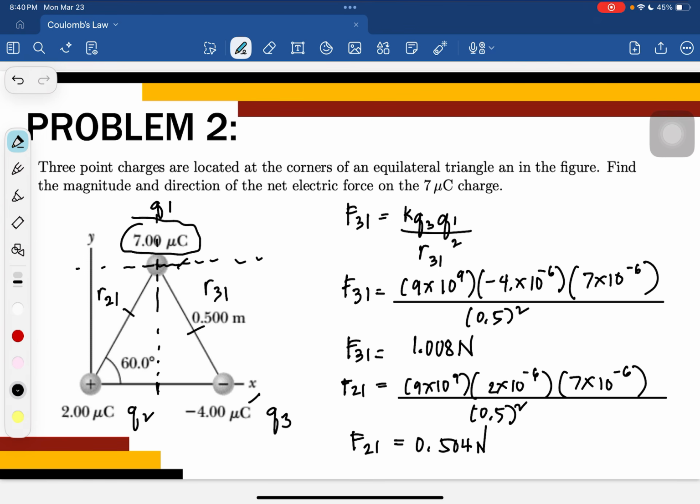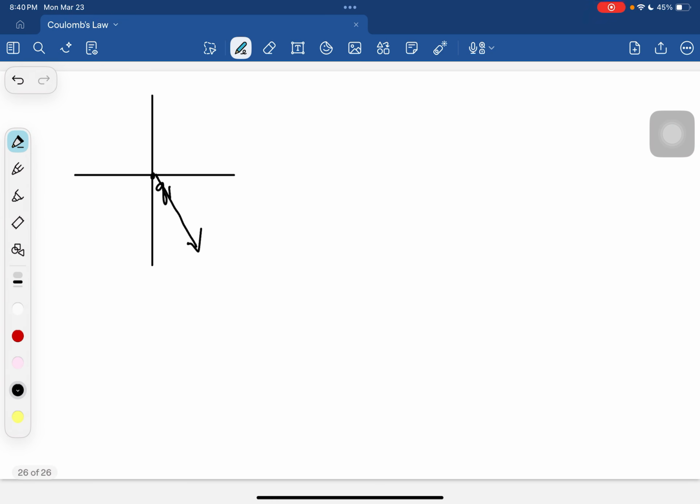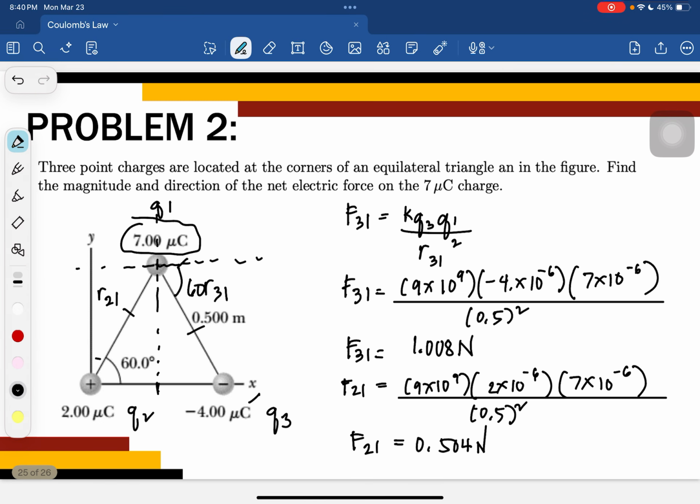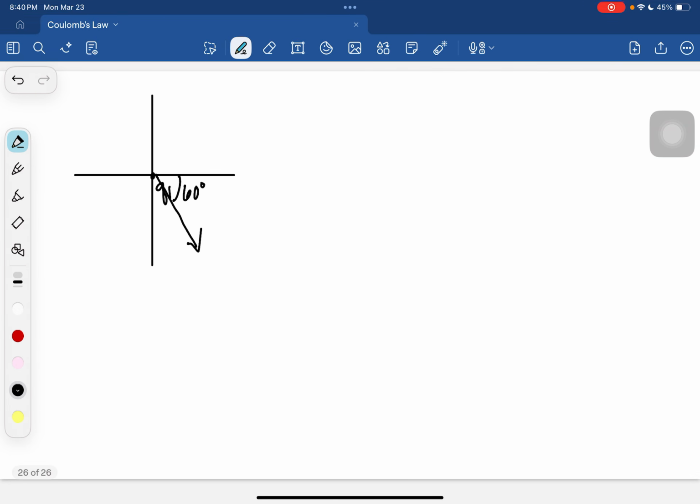So now we can say that if this is 60, this is also 60. Okay, so this is now 60 degrees. I just wanted for you to see it on the figure so that you'll be able to get the angles correctly. So this is now F31.